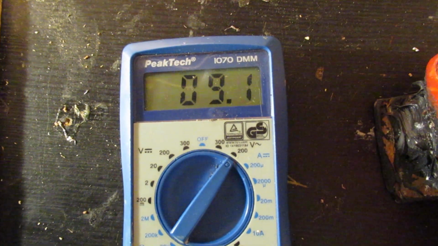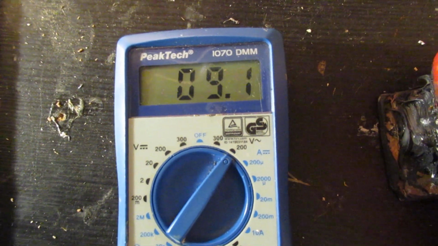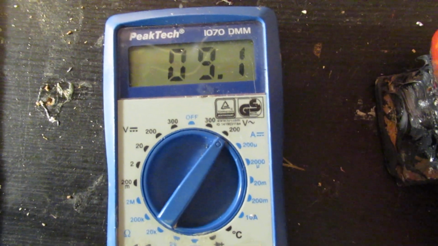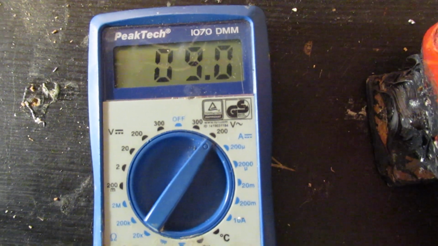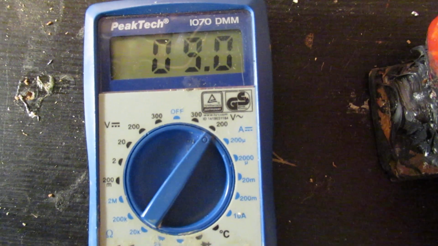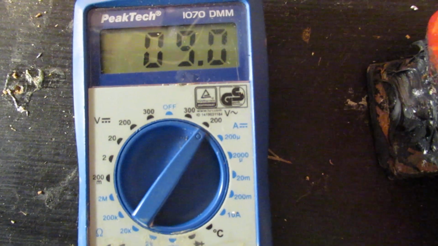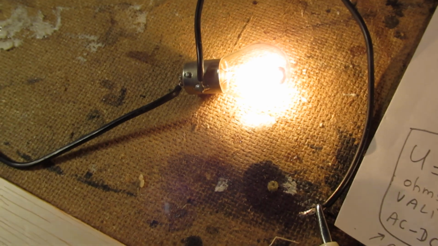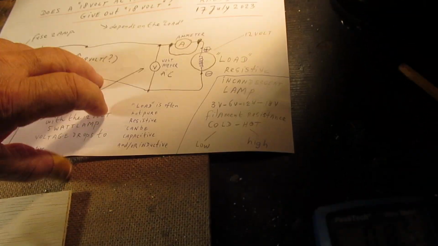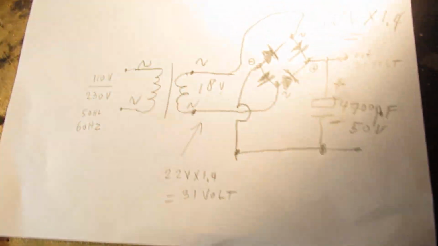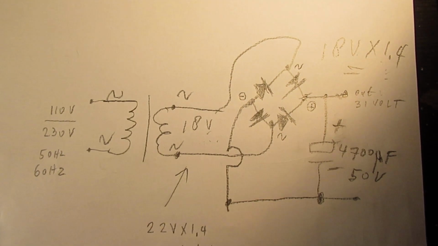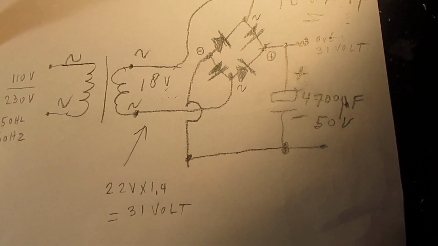So the transformer was nominal for 18 volts, the open voltage is 22 volts, and the voltage under a quite severe load is 9 volts. Talking again about the bridge rectifier, you have to take into account the open voltage.